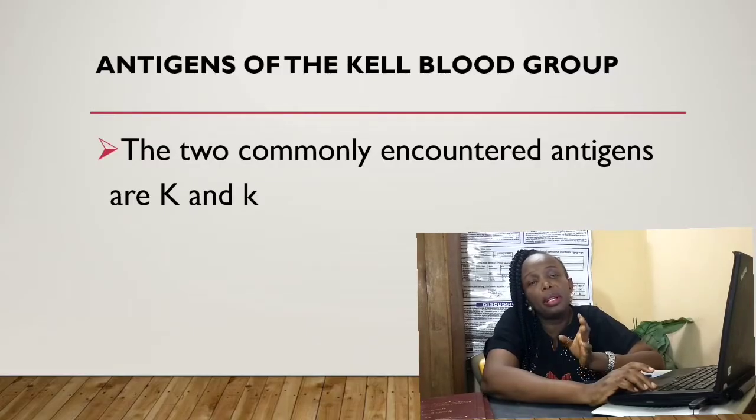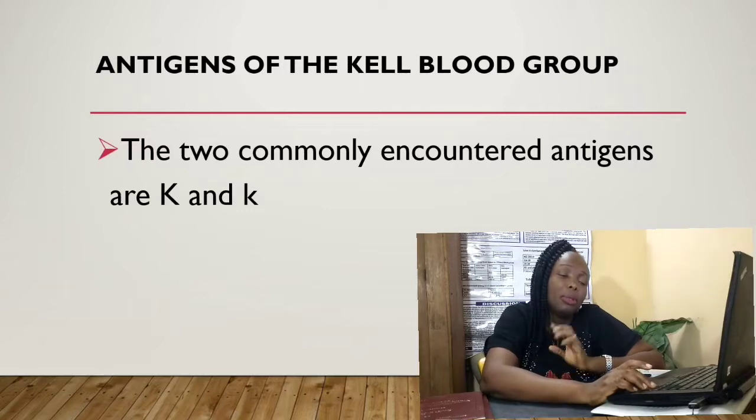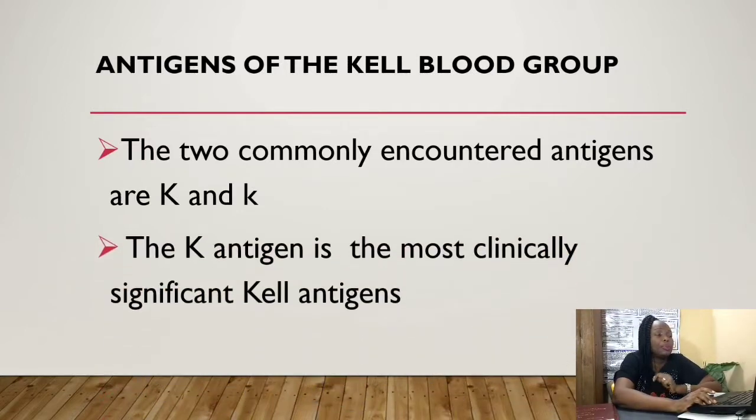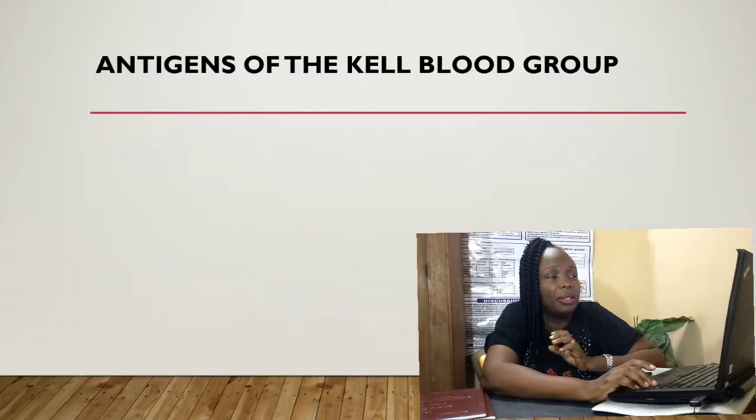Remember, the big K can also be called K1, and the little k can also be called K2. But the big K antigen is the most clinically significant of all the Kell antigens.